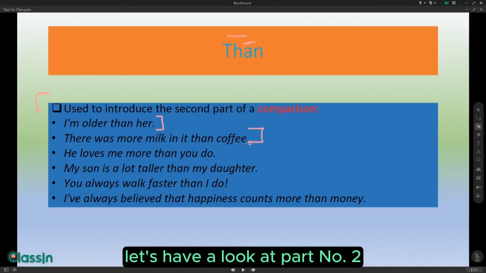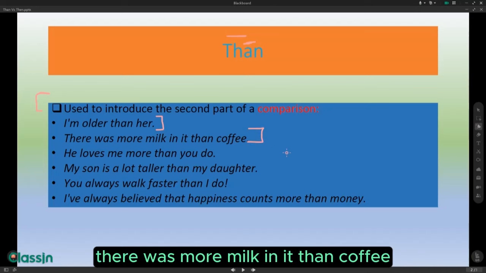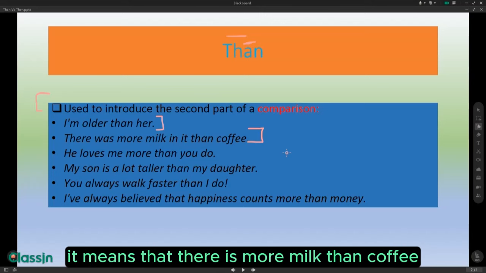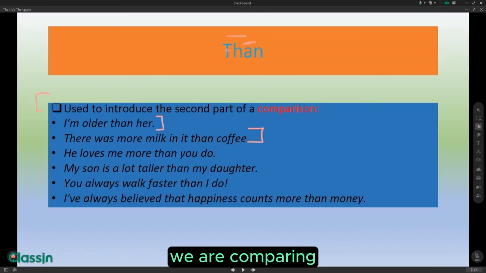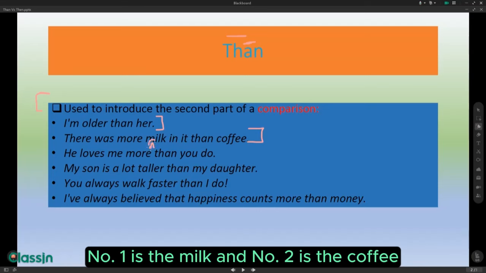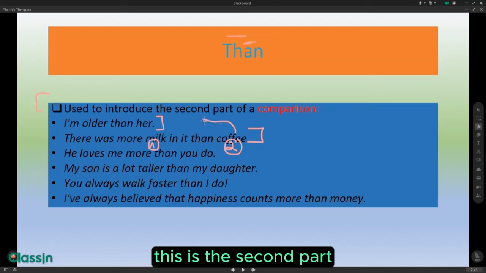Let's have a look at part number 2. There was more milk in it than coffee. It means that there is more milk than coffee. We are comparing: number 1 is the milk and number 2 is the coffee. This is the second part.